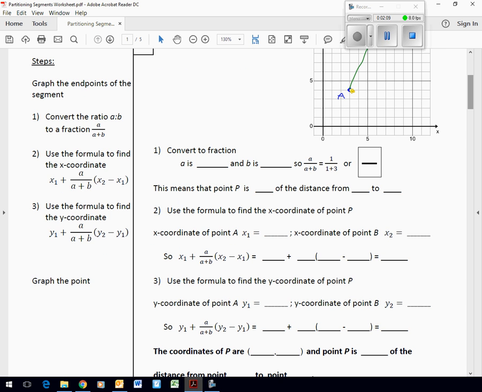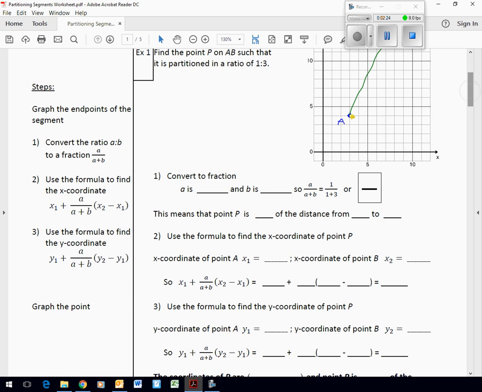All right, what do you have to do? The first thing you've got to do is convert the ratio A:B into a fraction, which is A over A plus B. So let's see this. If the ratio is 1 to 3, when I create my fraction, I think of the ratio like this.